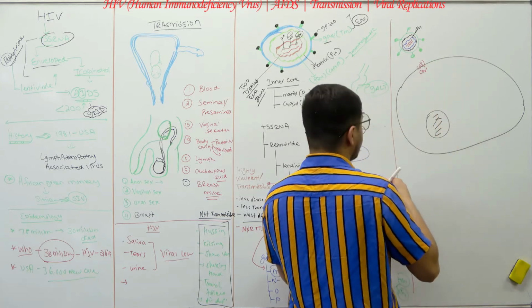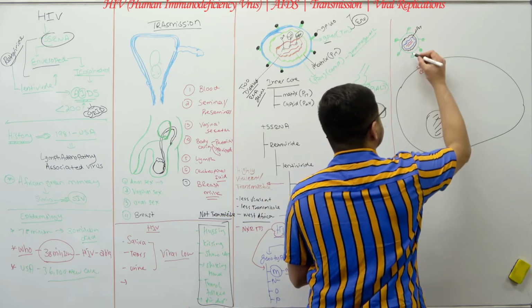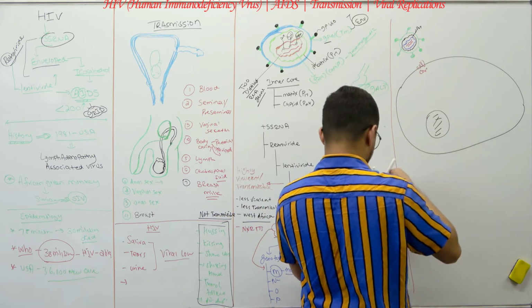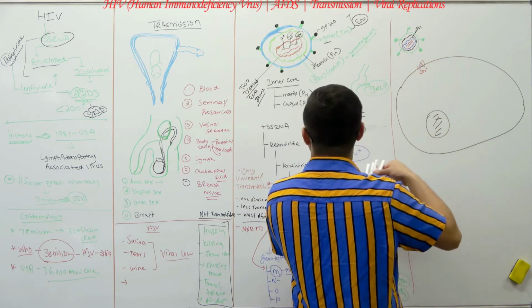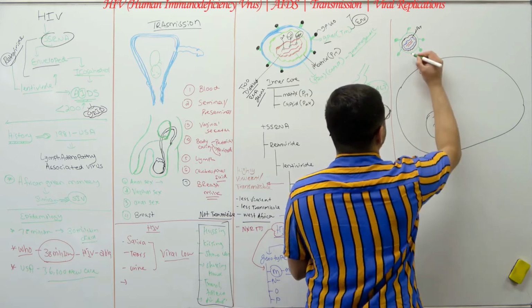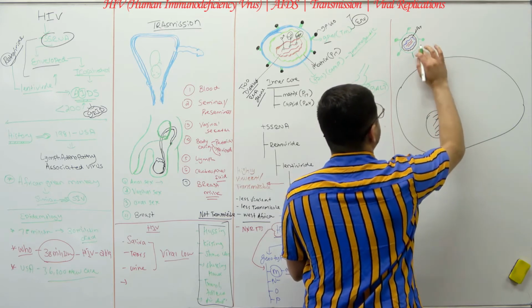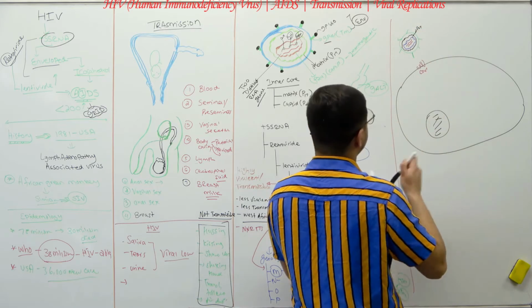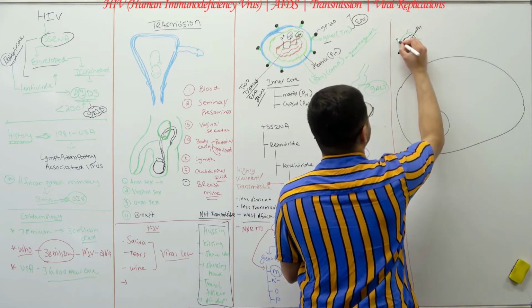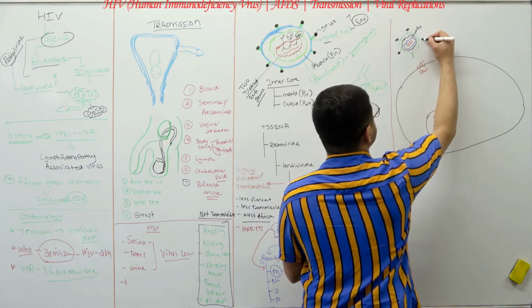Now, I'll draw this guy in green, and then I'll make this one in black. All right, what happens?